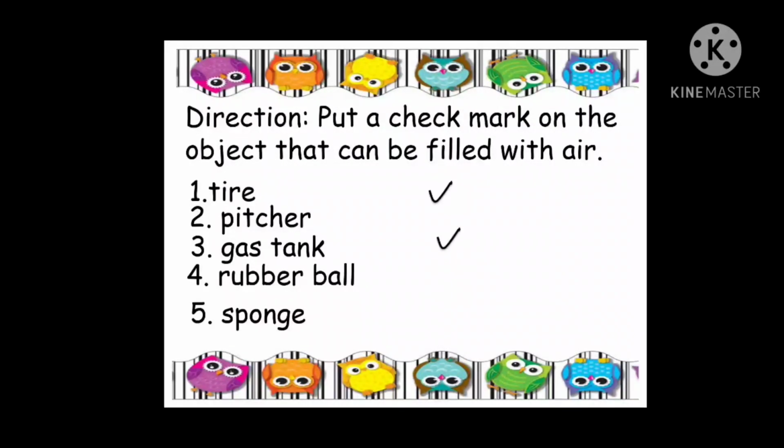We are going to put a check mark on it because it can be filled with air. Number 4. Rubber ball. We are going to put a check mark on it because it can be filled with air. Number 5. Sponge. We are not going to put a check mark on it because it cannot be filled with air.